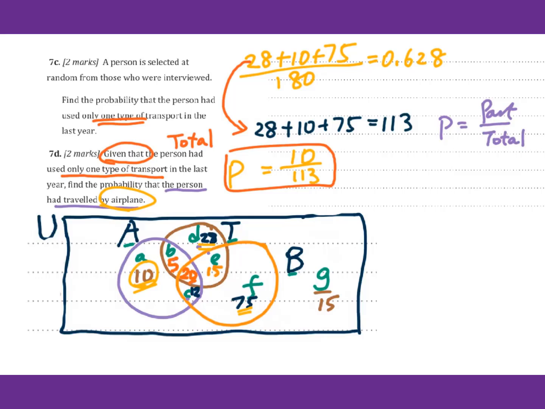For 7c, you can use a fraction, 113 over 180. An accurate answer is better. For the probability, it depends on whether the probability given in the question is a fraction, then we prefer fraction. If they give you a decimal, then we use decimal.